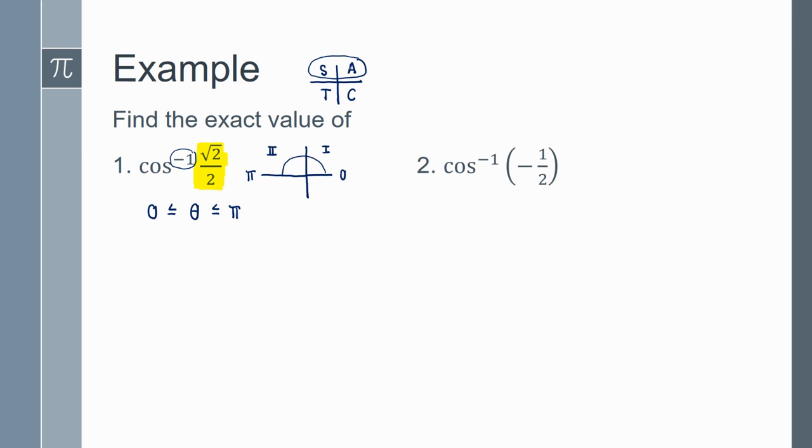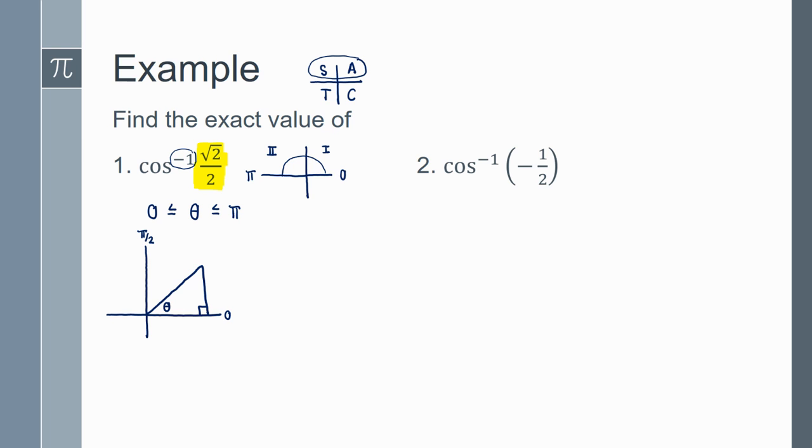So if I'm thinking about the first and the second quadrant, remember the first quadrant is where everything is positive. So I'm going to go ahead and sketch a picture of a right triangle here in the first quadrant, where once again, theta is what we're trying to find. Because we're in the first quadrant, remember that means that if 0 is here and pi over 2 is here, it's going to be some number that's in between those. So that's going to help us out as well.